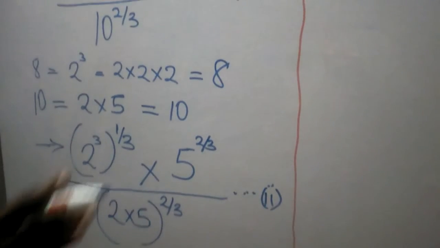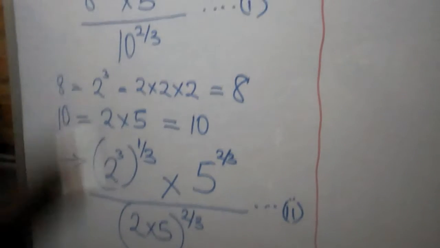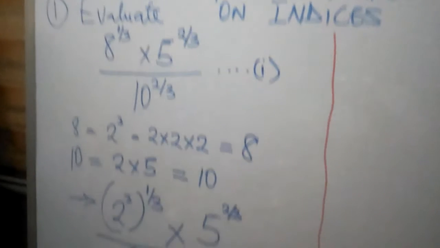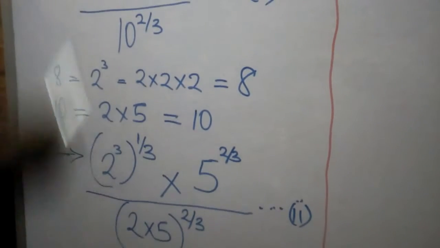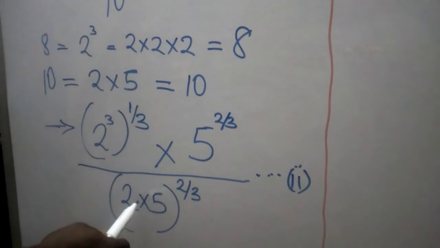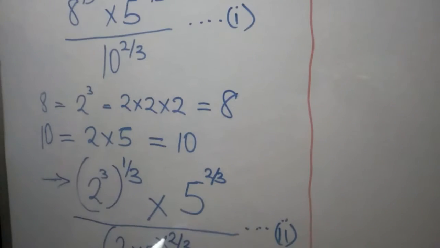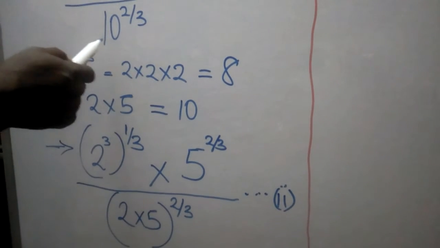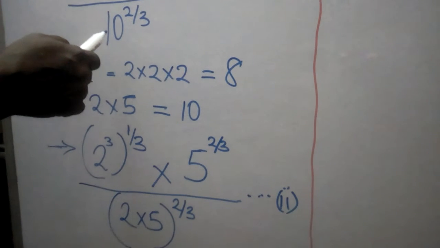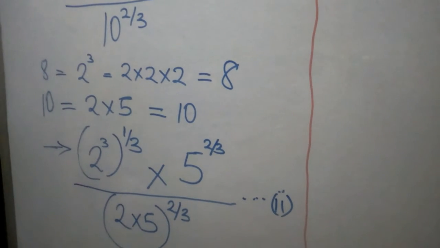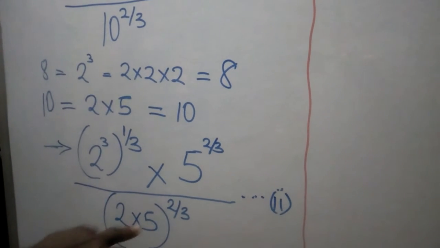But the 8 and 10 have been expressed by raising 2 to 3 to get 8, then multiplying 2 by 5 to get 10 in equation 1.